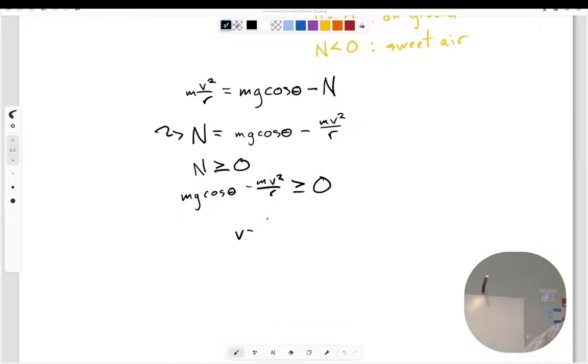V is less than or equal to the square root of r times g times cosine of theta. The only issue is if it's 90 degrees, V has to be equal to or less than 0, because cosine of 90 is 0.